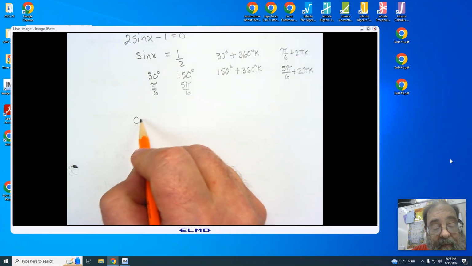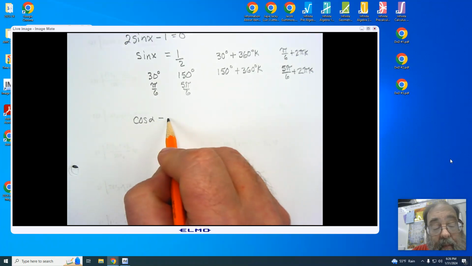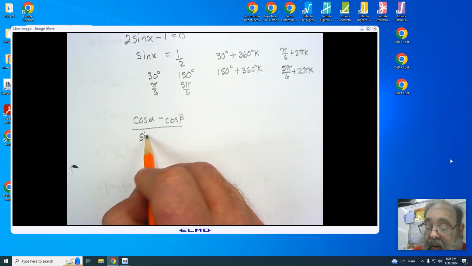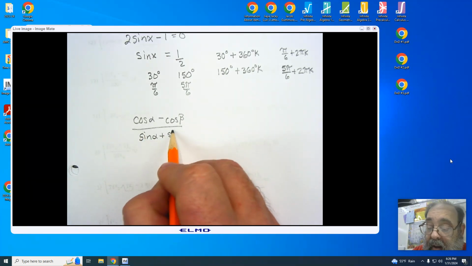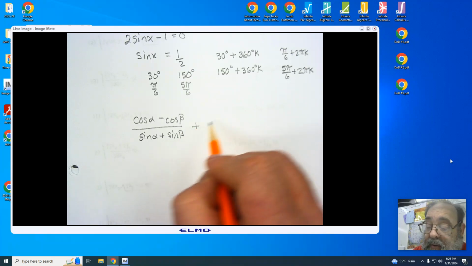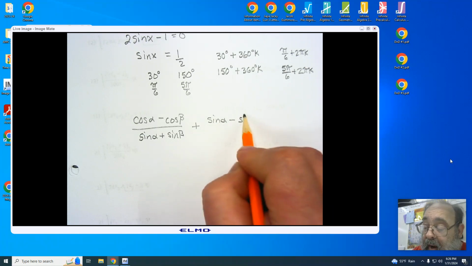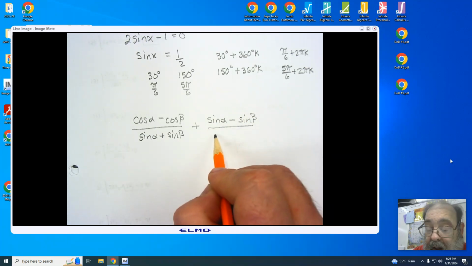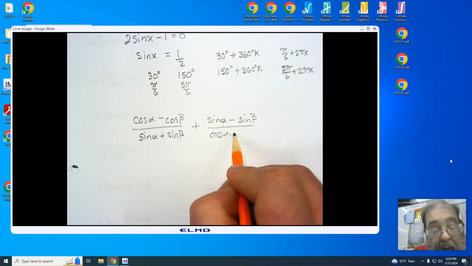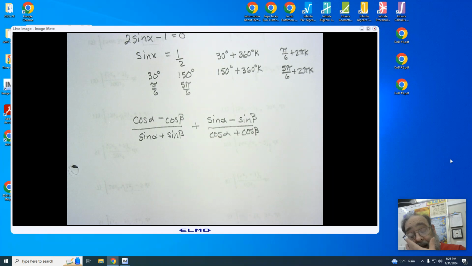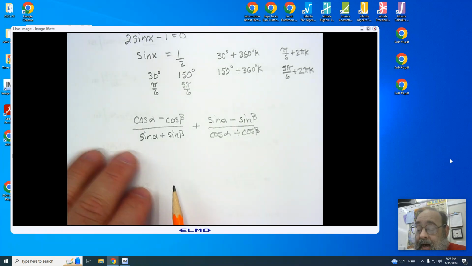Number 4 says verify the identity for the cosine of alpha minus the cosine of beta over the sine of alpha plus the sine of beta, plus the sine of alpha minus the sine of beta divided by the cosine of alpha plus the cosine of beta. Now, ideally, I'm going to be multiplying by conjugate pairs, or first trying to get that identity.